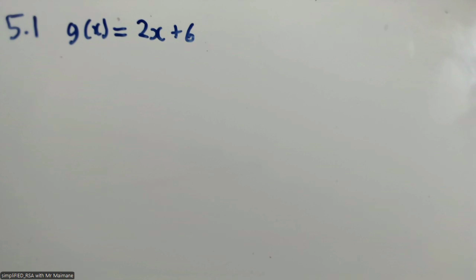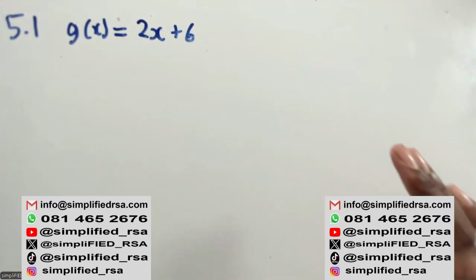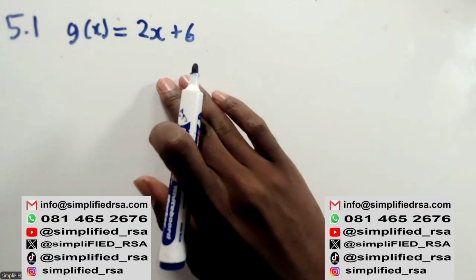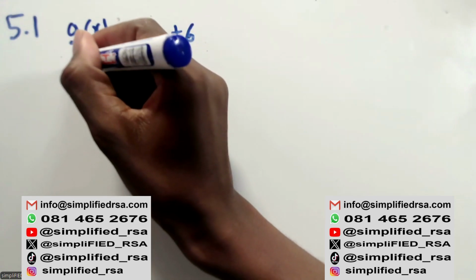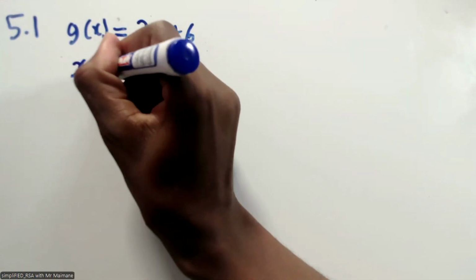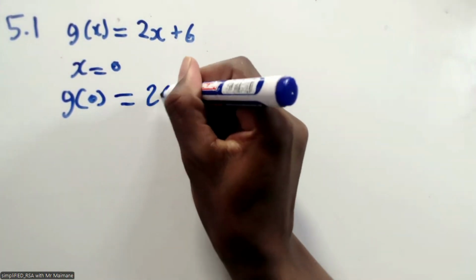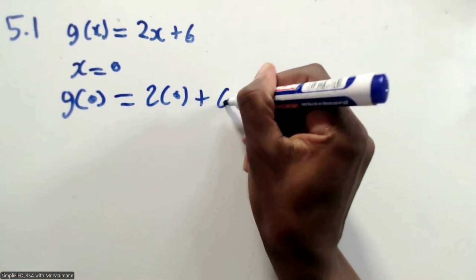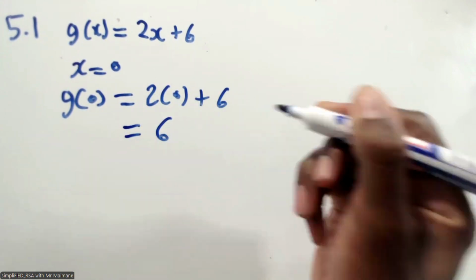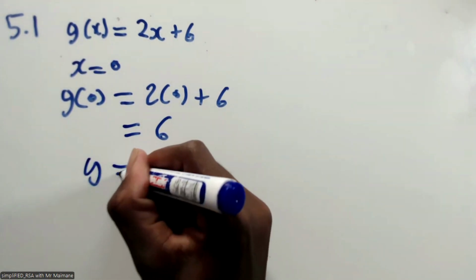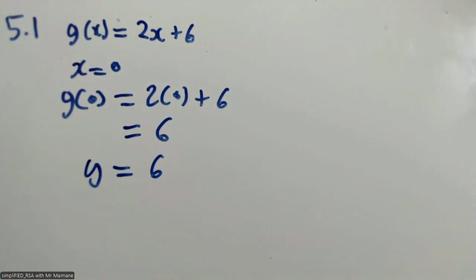So in this case, to get the value of the y-intercept, I have to get g when x is equal to 0. So I have to get g of 0. You can see that g of 0 is 6, meaning y is equal to 6 for my g function.